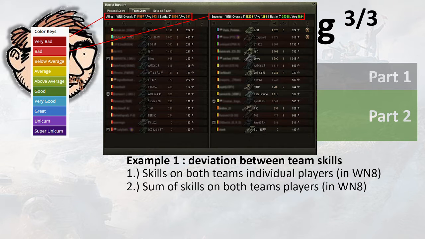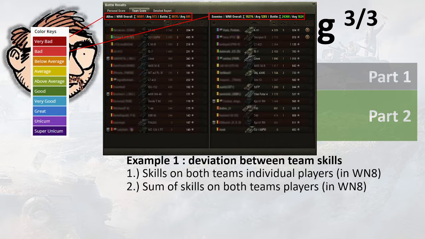There's also one major thing I start to look at when I'm going through those battle results. There are values in numbers. When we sum up the player skill levels, what is the overall WN8 value, and also the average value, and also how they have performed in the battle?